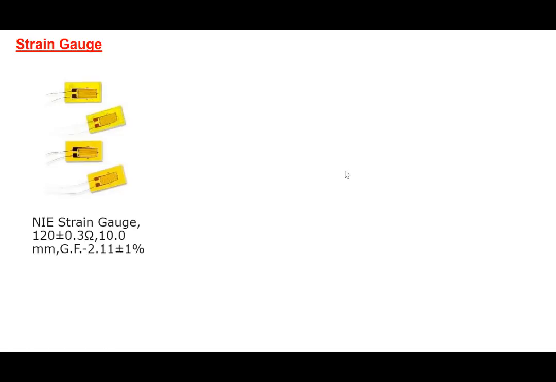As an example, let's say I have a strain gauge. These strain gauges are basically resistors, and when you apply strain on them, in the sense that you increase or decrease the dimensions, then as a result of strain the resistance changes.